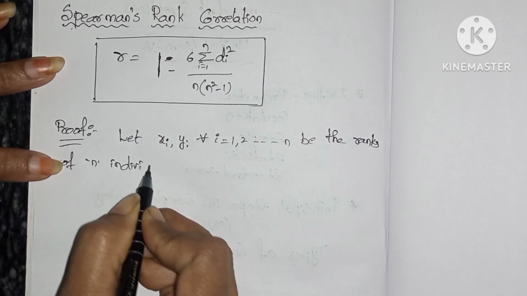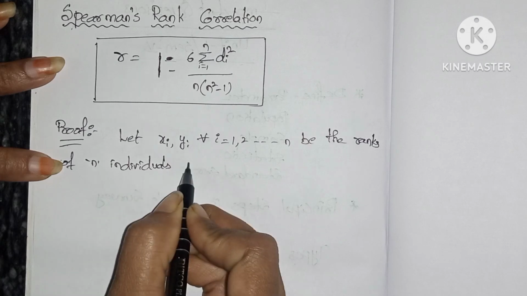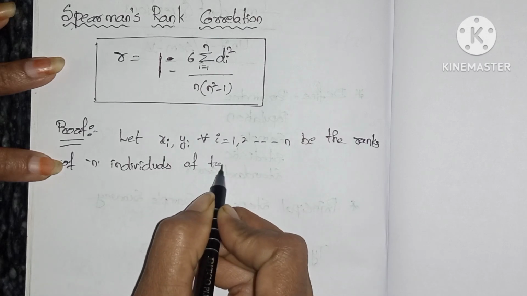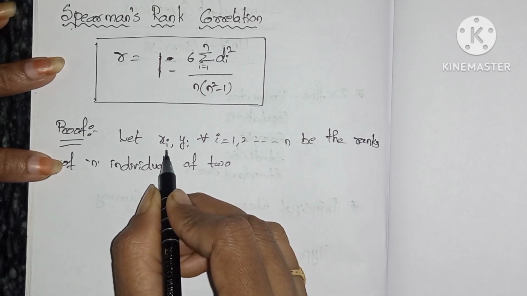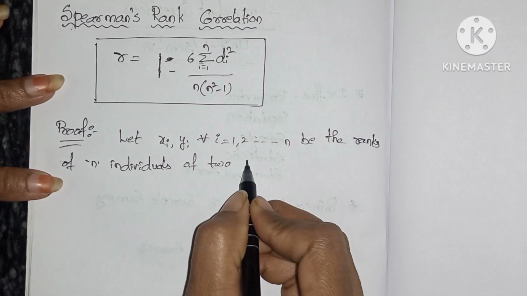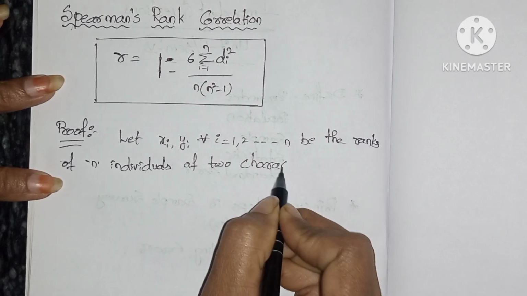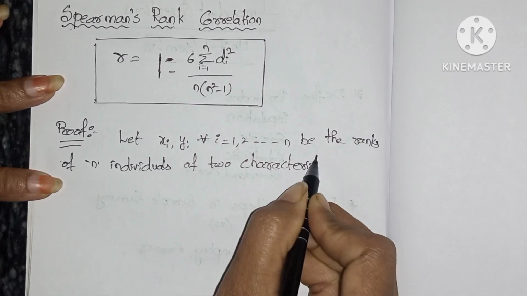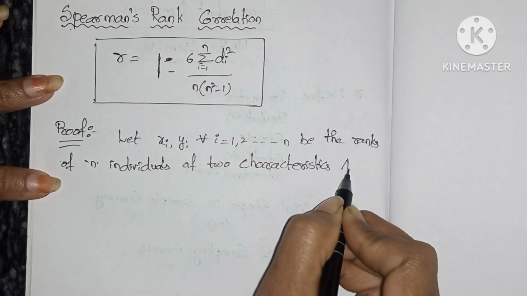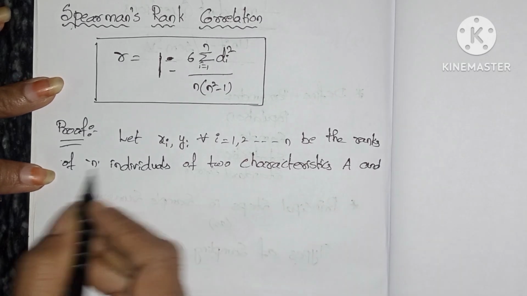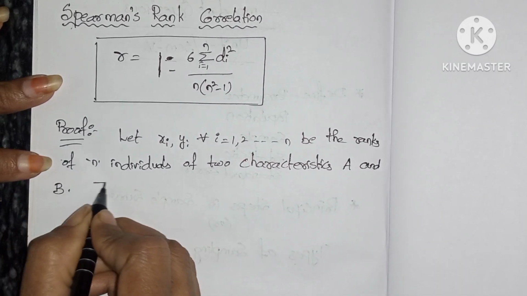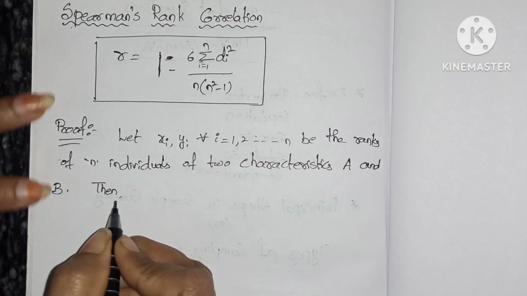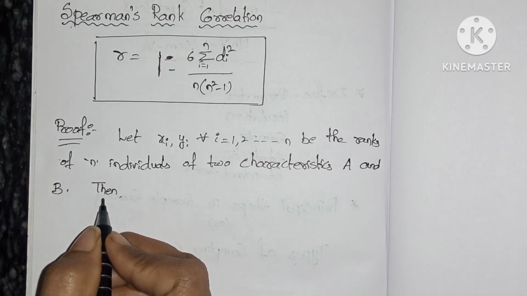We are going to take two characteristics, A and B. Then we have to find the average.